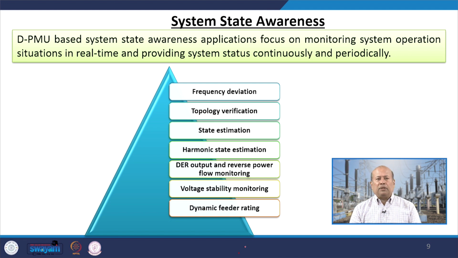Now, distribution PMU based system state awareness application focuses on monitoring system operation situations in real time and providing system status continuously and periodically, and it has many applications like frequency deviation, topology verification, state estimation, harmonic state estimation, DR output and reverse power flow monitoring, voltage stability monitoring, and finally dynamic feeder rating.